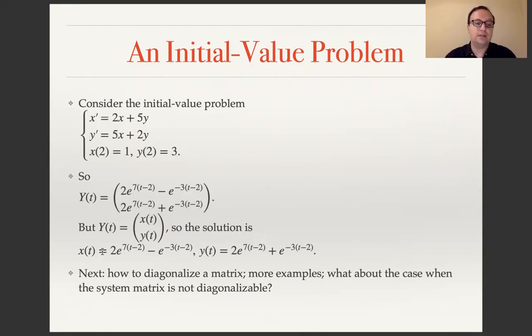So x of t is 2 e to the 7 times (t minus 2) minus e to the minus 3 times (t minus 2). And the second entry is y of t, which is 2 e to the 7 times (t minus 2) plus e to the minus 3 times (t minus 2).